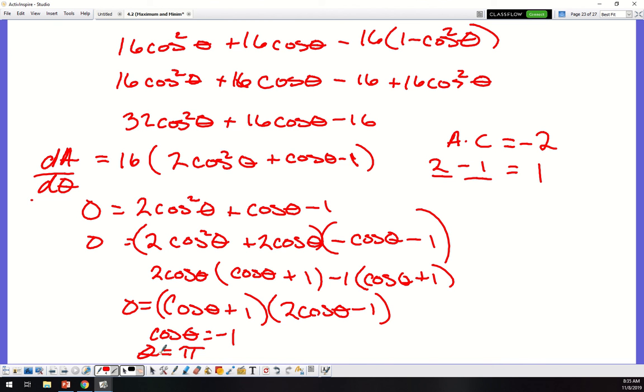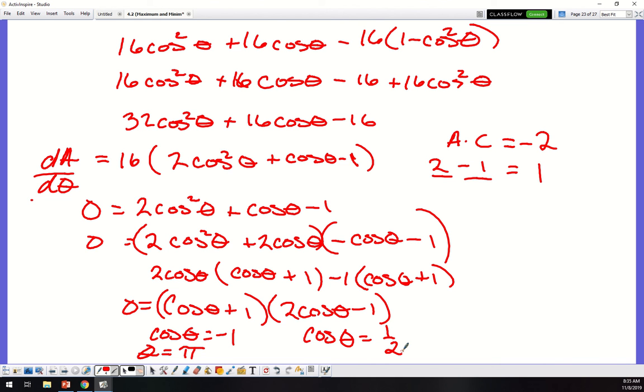Now let's look at the next one over here. So this is going to be cosine theta equals positive 1/2. Unit circle, where's cosine theta equal positive 1/2? Pi halves. Oh.